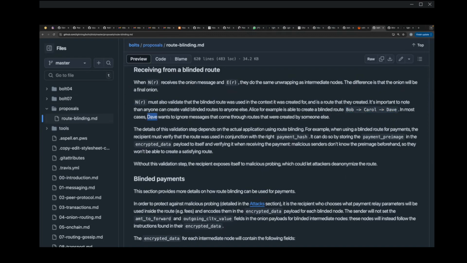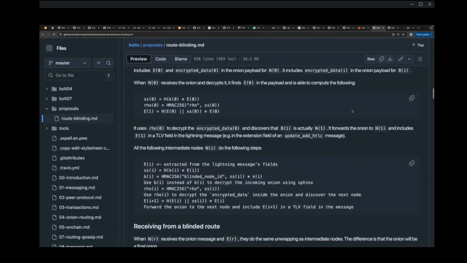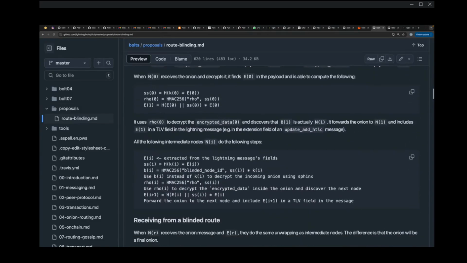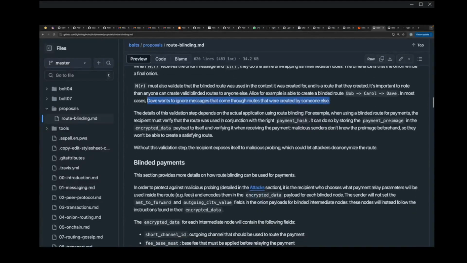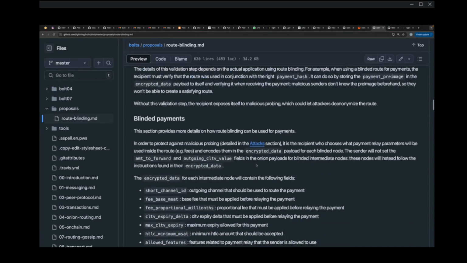In most cases, Dave wants to ignore messages that come through routes that were created by someone else, because anyone would be able to create a blinded route using the algorithm that we have discussed just above. So in the final encrypted data that the user receives, they must have an authentication to validate that this particular blinded route was created by me. We'll discuss this in the upcoming section.